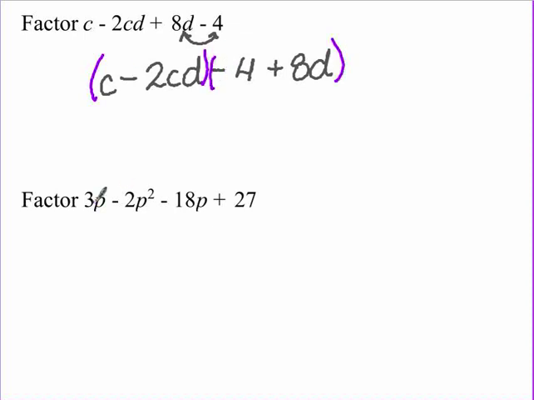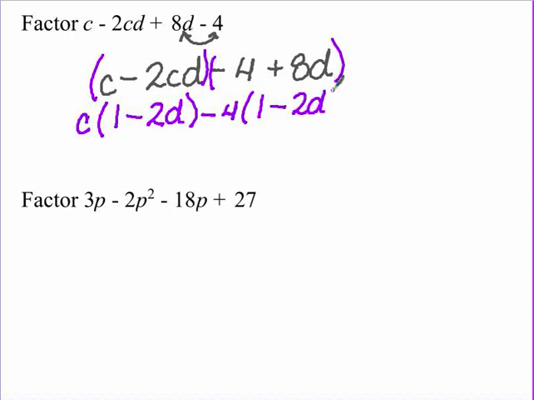So what can you take out of the first bunch? A C. And when I take a C out, I get 1 minus 2D. What can you take out of the second bunch? Negative 4, and I get 1 minus 2D.